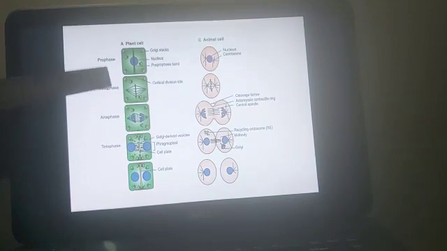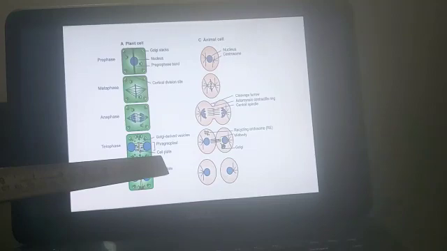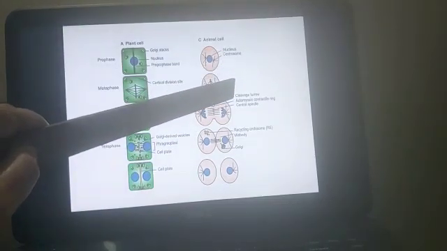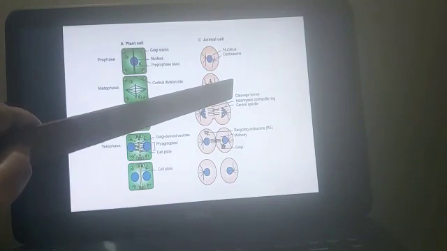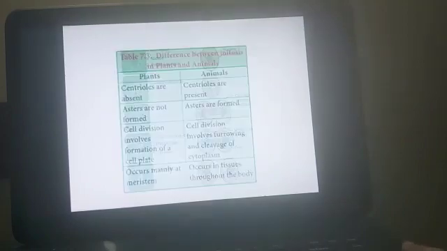The third difference is that the cytoplasmic division takes place by the formation of the cell plate in plant cells, whereas in animal cells, it takes place by the formation of a cleavage furrow. These are the differences between the mitosis of animal cells and plant cells.